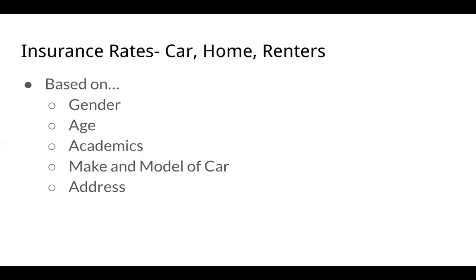The other aspect that Cathy touched on was insurance rates. These are actually based on gender, age, academics, make and model of car, address. Specifically with cars, they've actually outlawed having gender be incorporated into insurance rates, but insurance companies have still managed to make assumptions about gender based on the make and model of car, the color of the car, and even the age of the person, making these leaps and tying these connections back to the price.